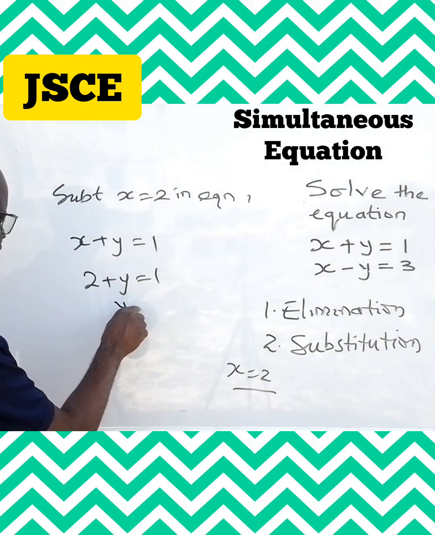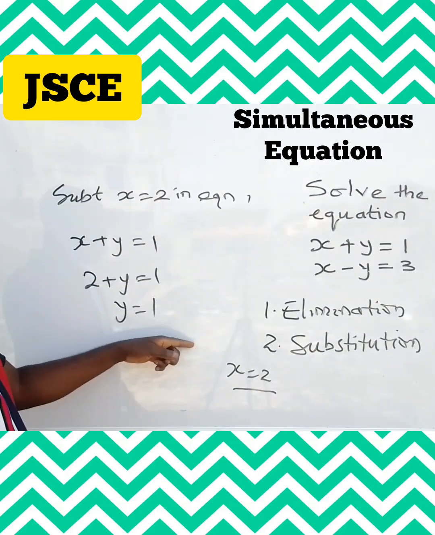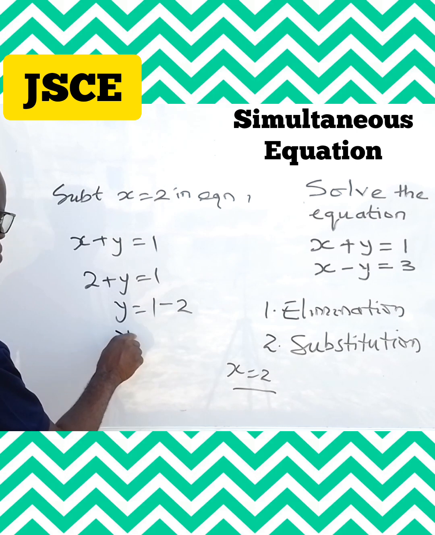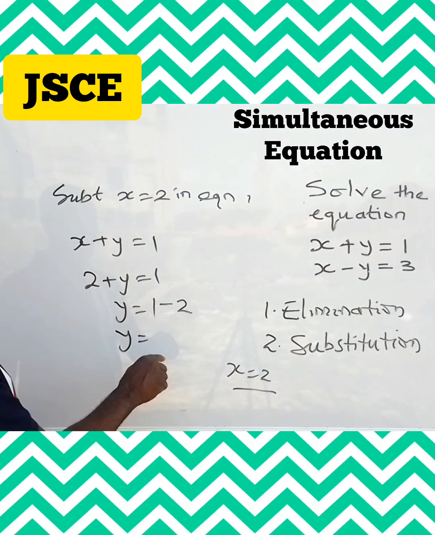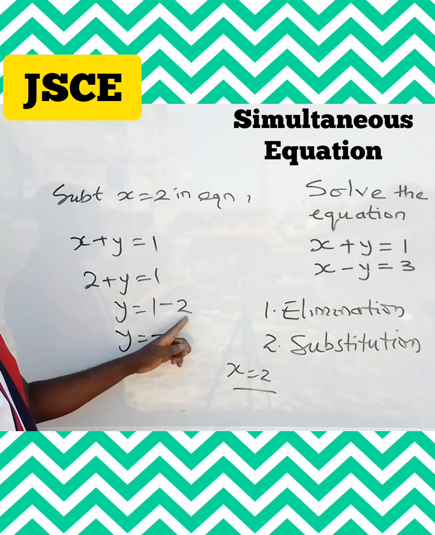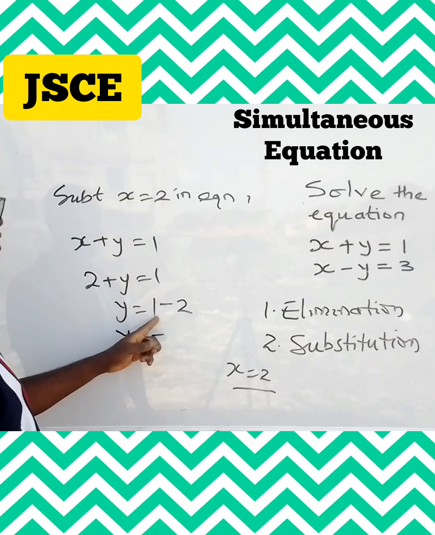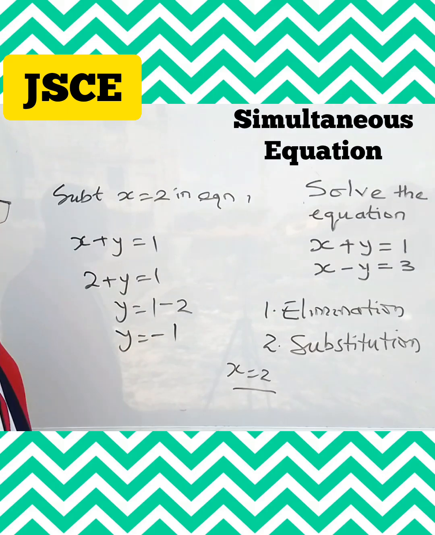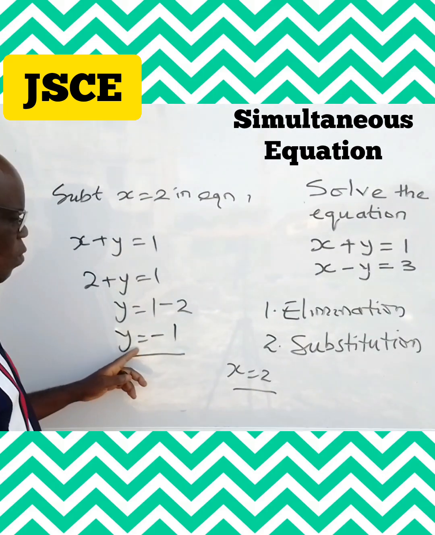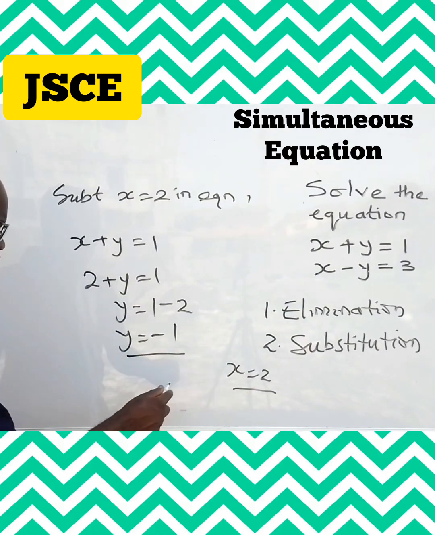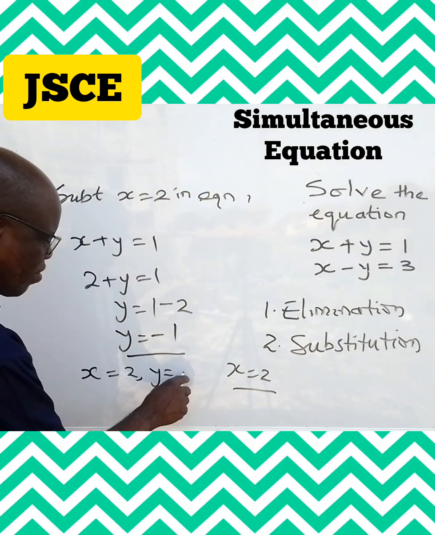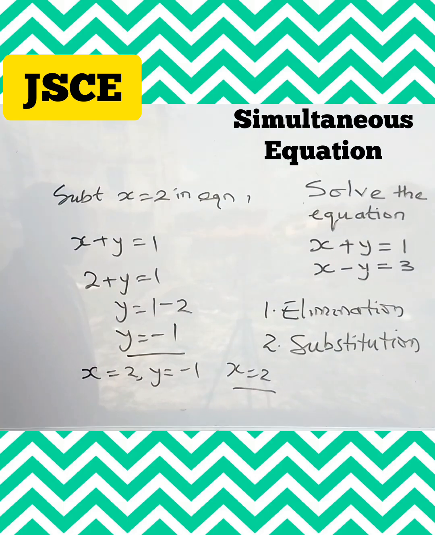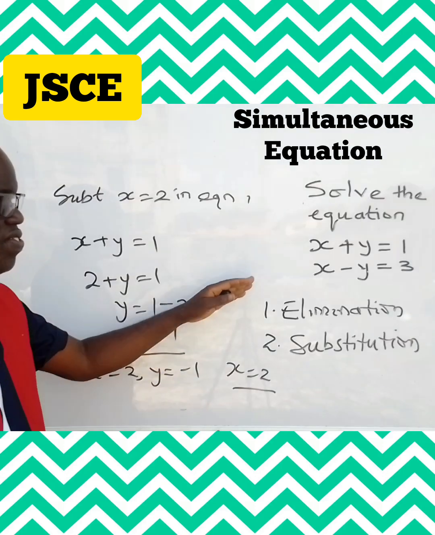So y equal to 1. Take this 2 to the other side, it becomes minus 2. Y equal to 1 minus 2, which is minus 1. So the answer is y equal to minus 1. So you can now summarize it by saying x equal to 2, y equal to minus 1. So this is the answer to this problem.